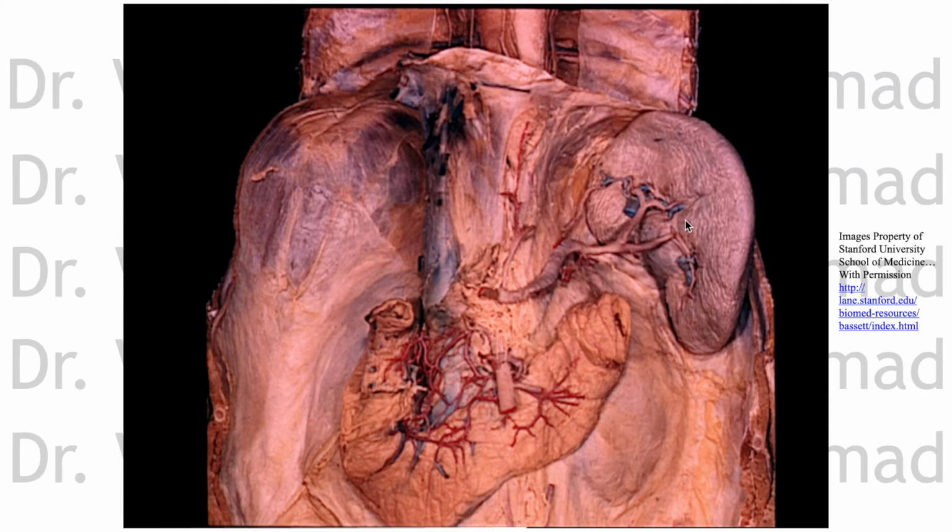Of course, the spleen here is mobilized, but it's still fairly in its place. See, this is the left kidney impressing the posterior aspect of the spleen. And as you can see here, the splenic artery with its segmental branches, and the segmental veins coming out of the spleen to form the splenic vein.